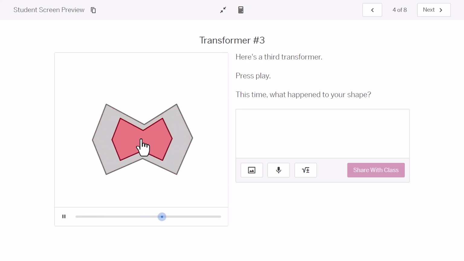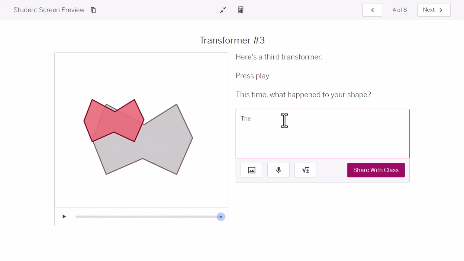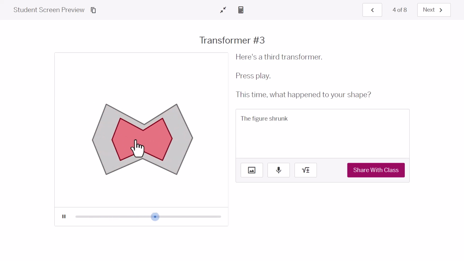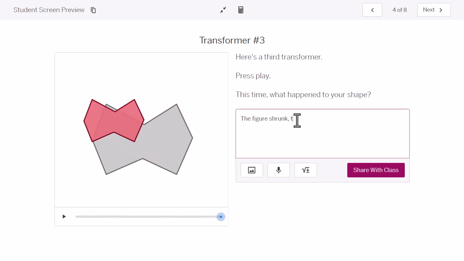First transformation looks like it shrunk. And the second transformation looks like it moved up and to the left. So that's just us describing the movement. Try to write in complete sentences in a way that would help somebody understand what really went on.